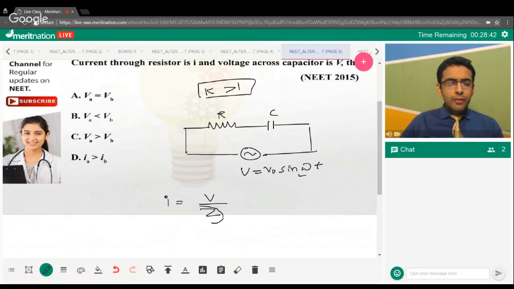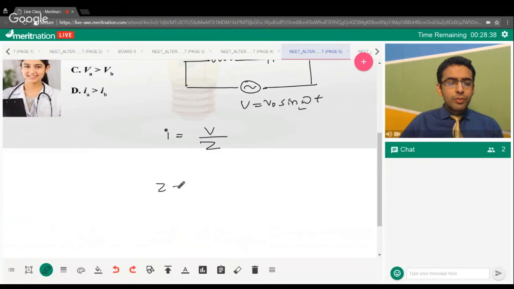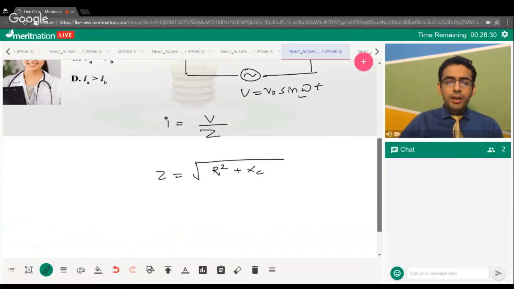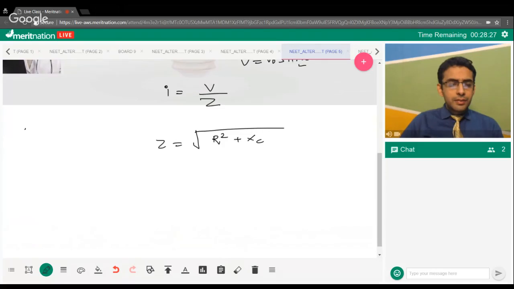So just focus over this. How can you find the value of Z? Z is equal to under root of R square plus XC square. XC is the capacitive reactance, which is given by 1 by omega C. The value of omega is not given, so we can say Z is equal to under root of R square plus 1 by omega C whole square.